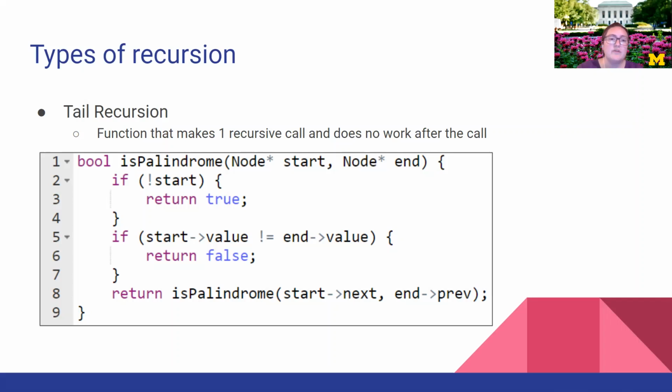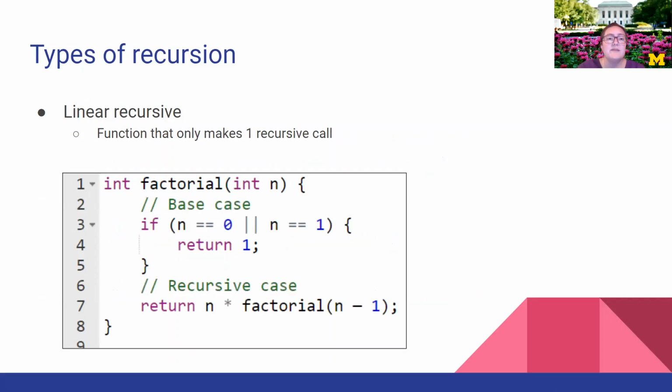It has one recursive call in line 8, and that is the last thing that this function does. Our example of factorial is not tail recursive because after you return the recursive call in line 7, you still have to multiply that by n. So the added work of the multiplication means that this function is not tail recursive.